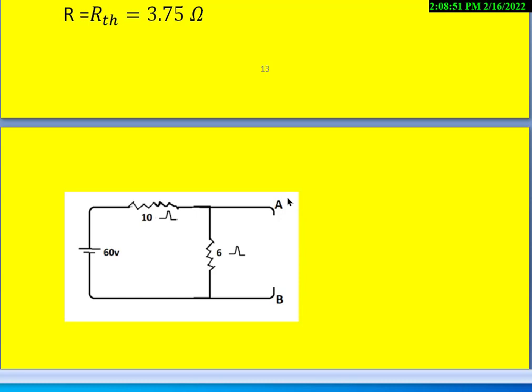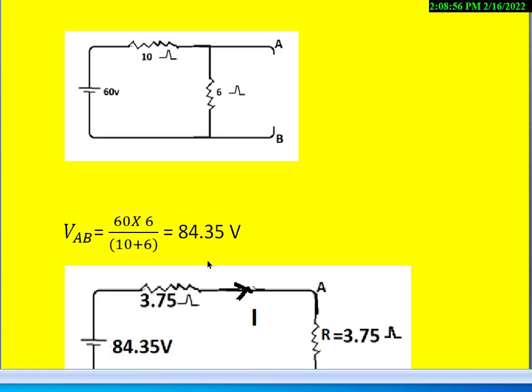Now find the open circuit voltage between terminals A and B. The open circuit voltage here we call V Thevenin, which is also equal to VAB. This can be calculated by knowing the total current and multiplying it with 6 ohms. That is, 60 divided by 10 plus 6 gives the current, and multiplying with 6 gives the Thevenin's voltage across terminals A and B.